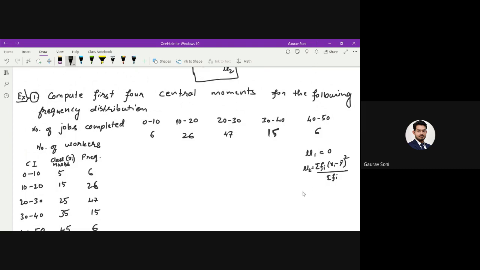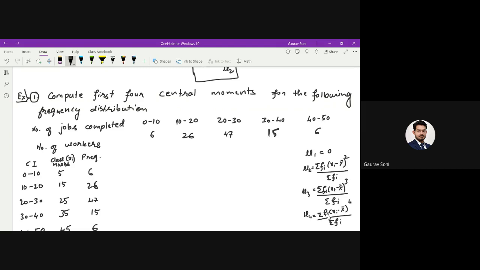This is variance, so other formula is also there, but let's stick to this right now. Mu3 is summation fi xi minus x bar cube. Mu4 is summation fi xi minus x bar raised to 4 upon summation fi.